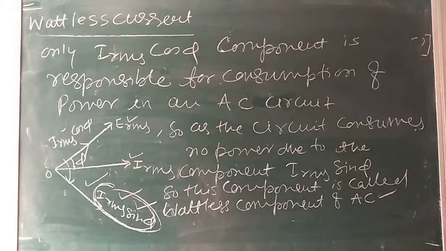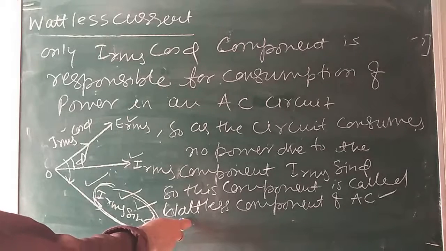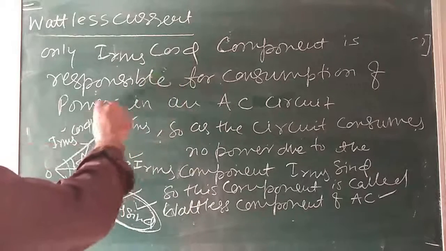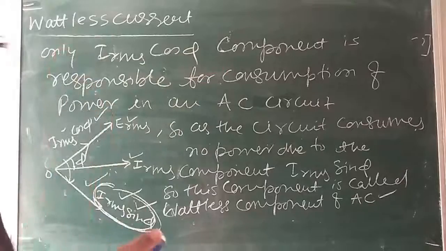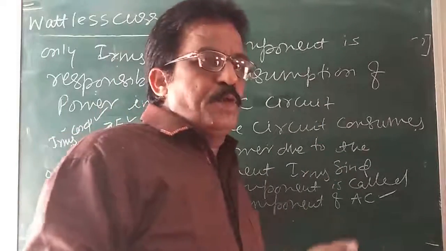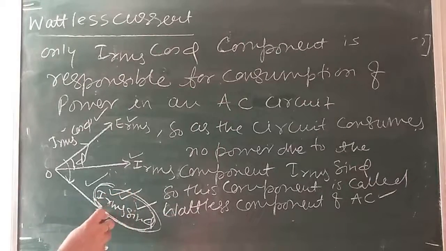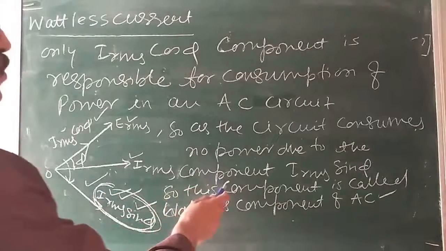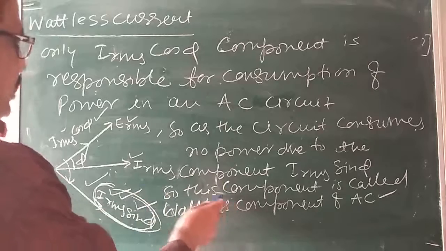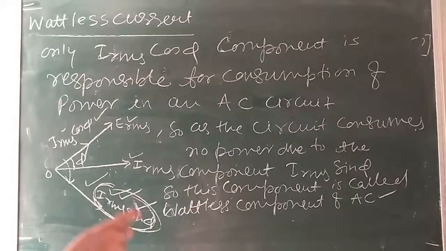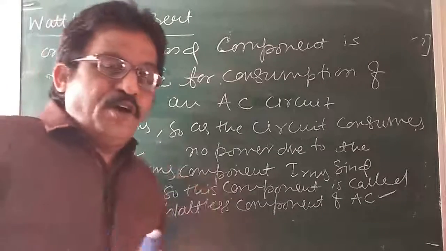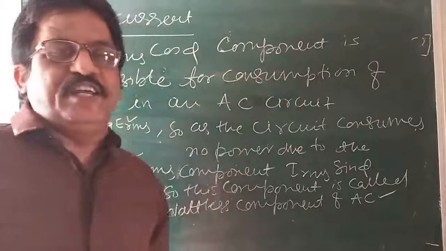Then we came across the concept of wattless current, and in that we have seen the component IRMS cos phi is only responsible for the consumption of power, while for the other component the average power consumed is 0. So this is called wattless current in an AC circuit. I hope all of you have understood easily.